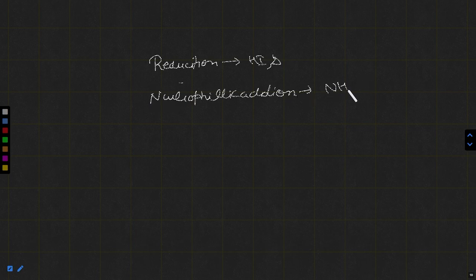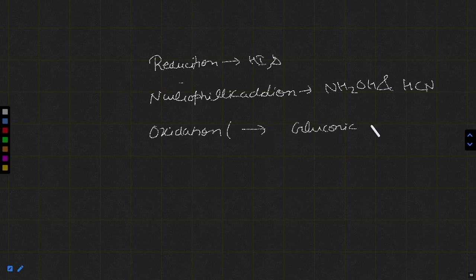First we have added the oxime, that is NH2OH, and then we have added CN. Further we have done the oxidation, I would say with the help of a weak oxidizing reagent. Then we have converted it into gluconic acid.